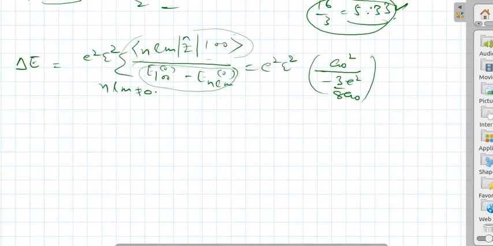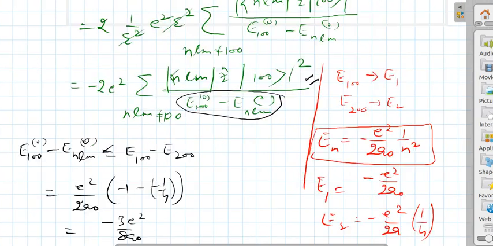So it is E square epsilon square with negative sign, 8 a naught over 3 E square. This a naught square will remain as it is, and this will cancel out.